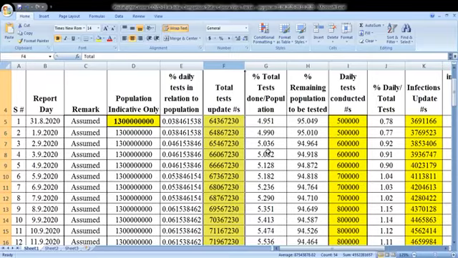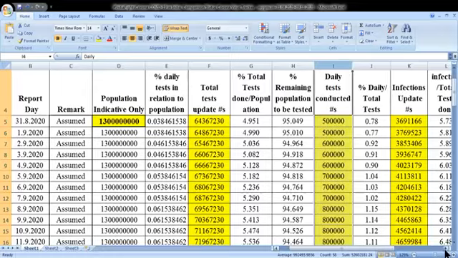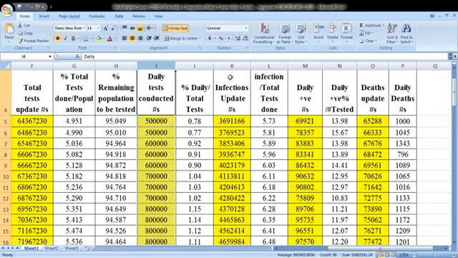I rely on that. This is also linked, so this is also from the government website: daily tests conducted, and this infection update is also from that website, and daily positive numbers also from that government portal, and this deaths update is also from that.